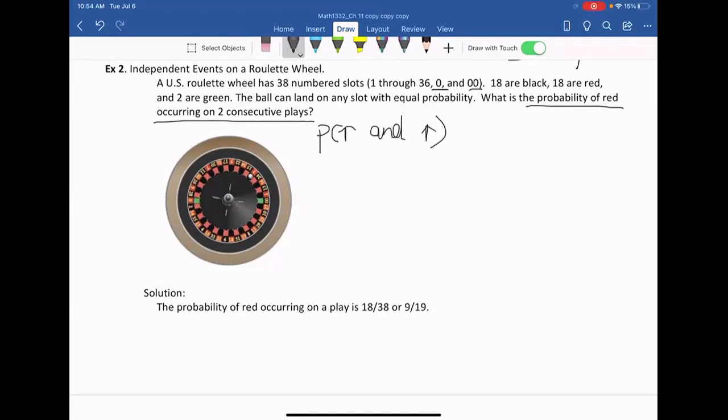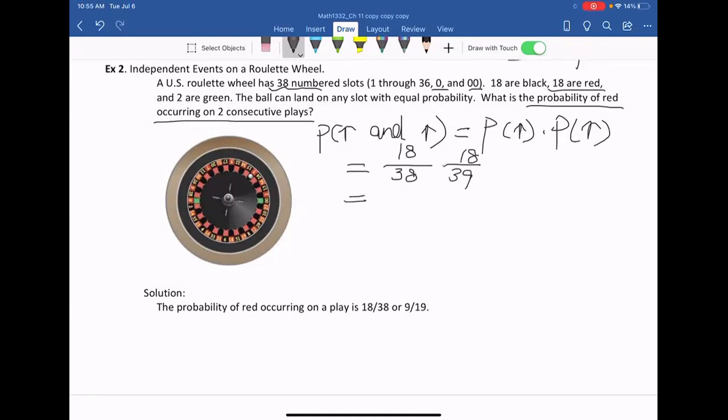These 2 events are independent, so it equals P of red times P of red. What's the probability of this? Because we have 18 reds and the sample space number is 38, the probability of getting a red is 18 over 38. And the second one is the same, 18 over 38.